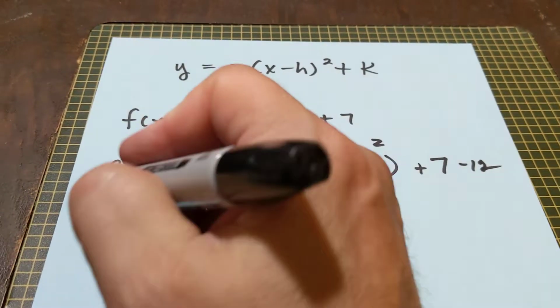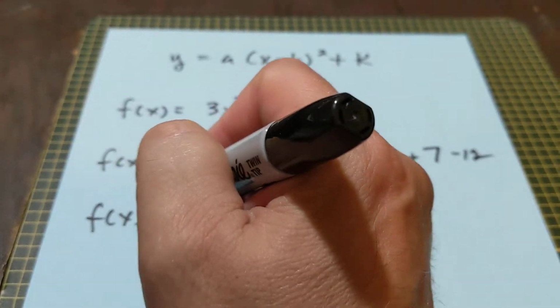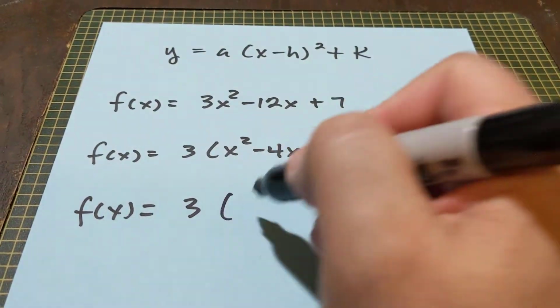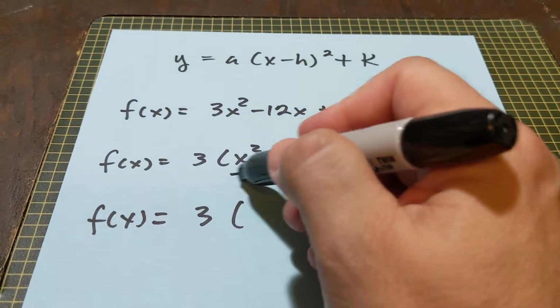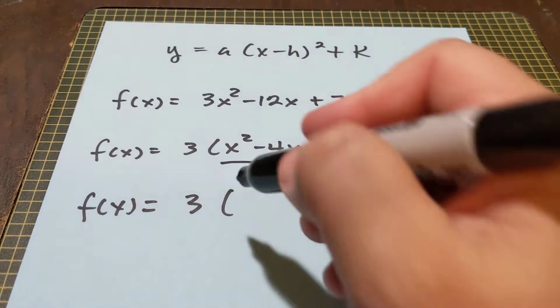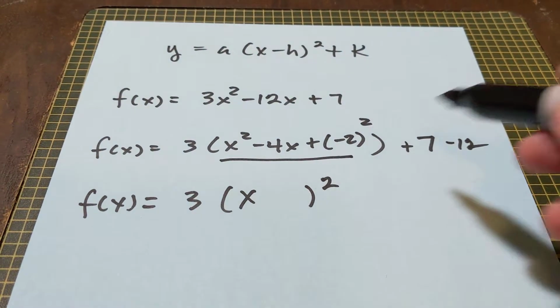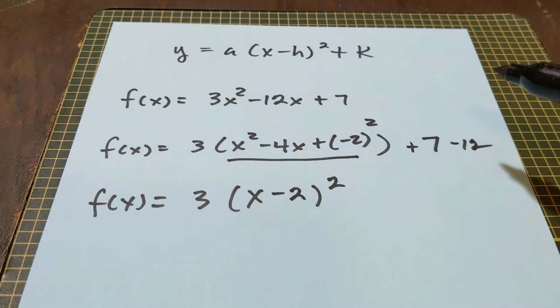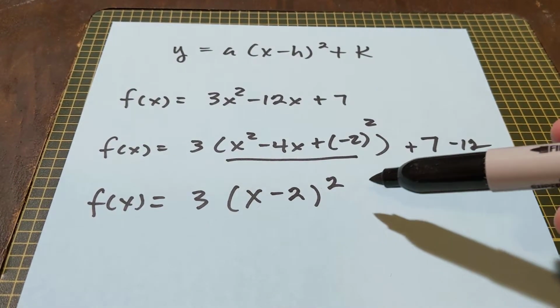All right, so now when I get ready to rewrite this, I'm going to rewrite f of x equals, I have 3, and what I'm going to do is factor this part right here, and so the letter involved is x, and because I didn't square this, I know that's what's going to go right here, negative 2, so it's x minus 2 squared.